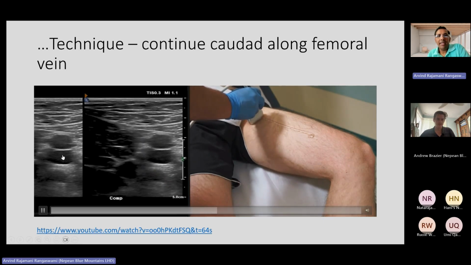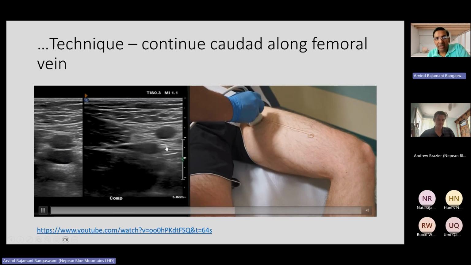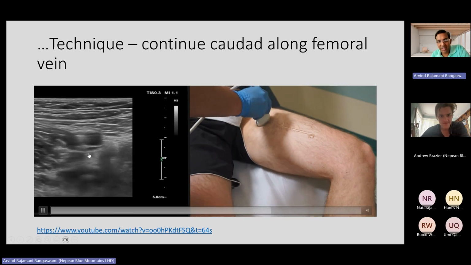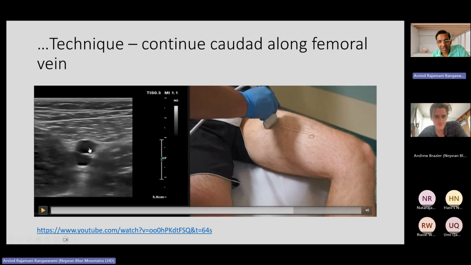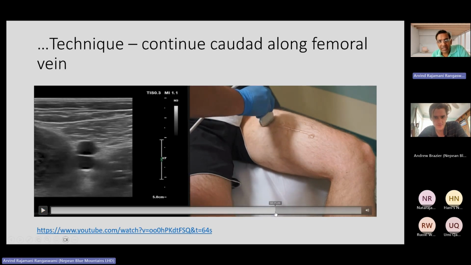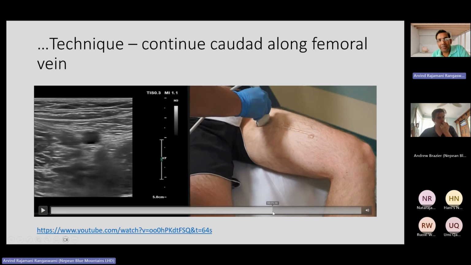The vein is the more posterior structure, and when you're applying pressure, you have to apply pressure such that that posterior structure actually gets completely occluded, like so here.